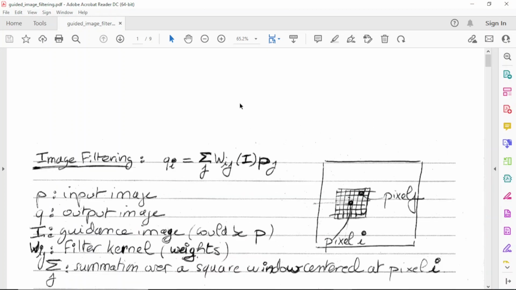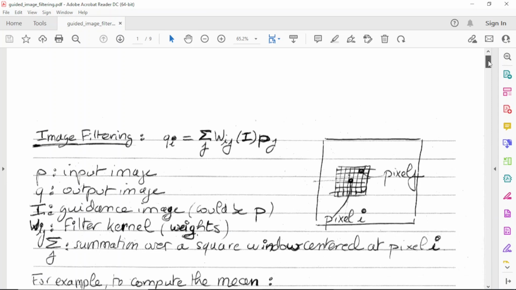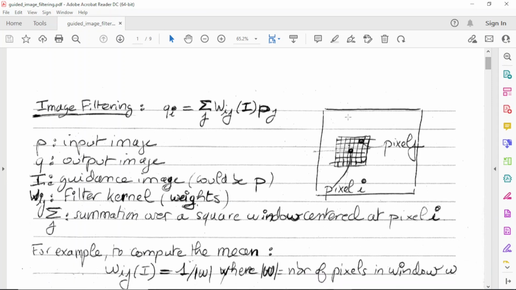At the beginning of that document, I talk about image filtering in general. Here you can see a pixel i, and you're considering a window or a block around that pixel. It's very similar to convolution.